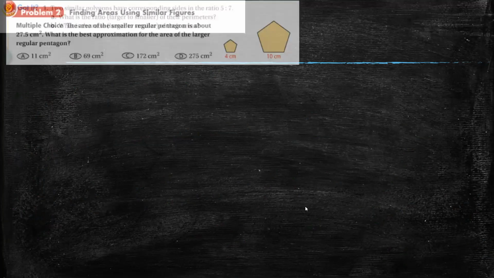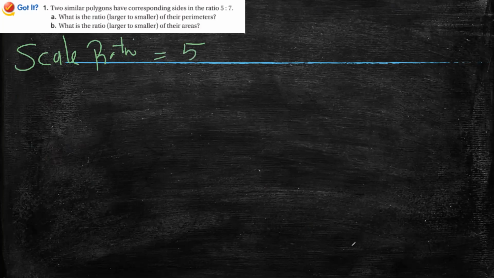Two similar polygons have the corresponding sides in the ratio 5 to 7. Here we have similar polygons. He didn't tell me which type of polygons, and it doesn't matter. And he told me that the scale ratio is 5 to 7.